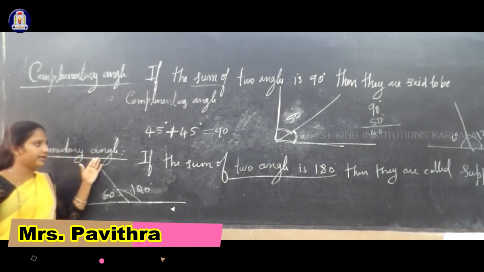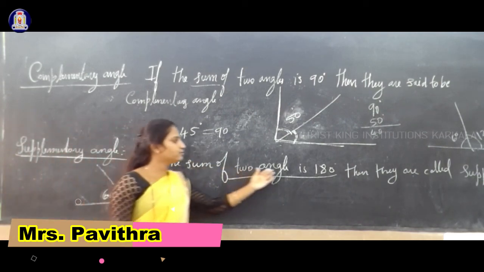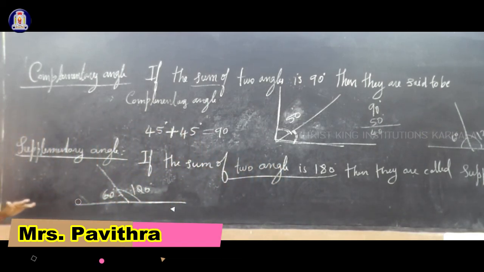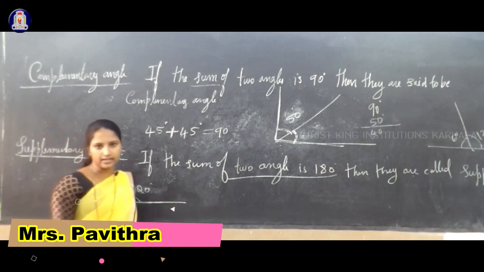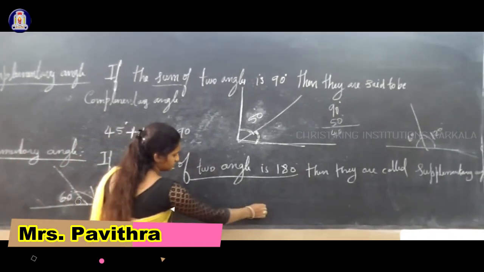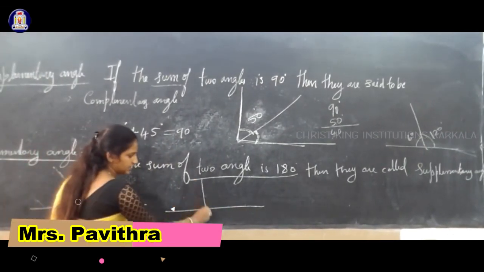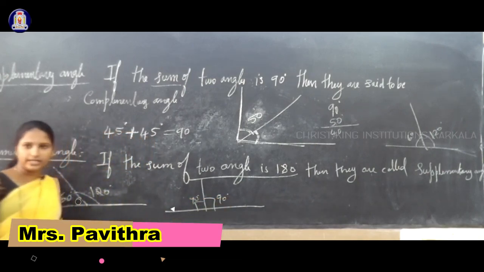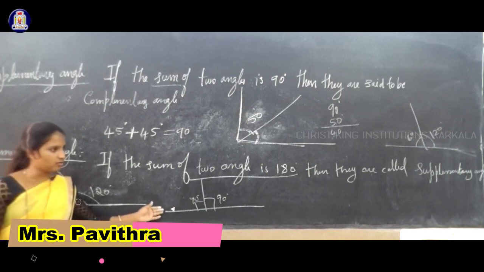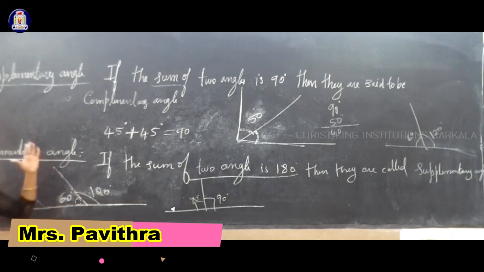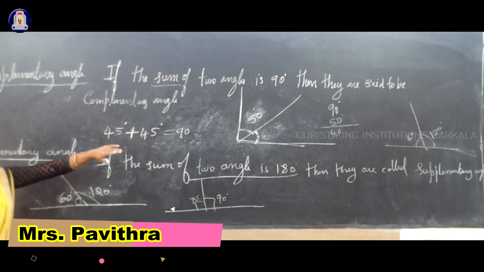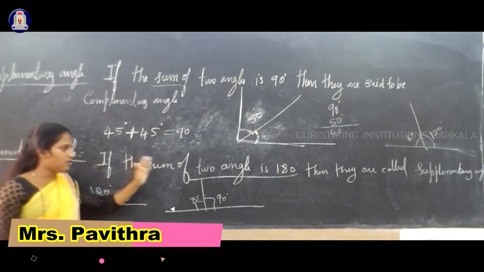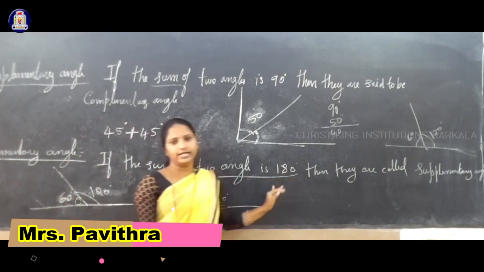This is a supplementary angle. So what is a supplementary angle? If the sum of two angles is 180 degree, then they are called supplementary angles. Clear? If I consider this straight line, 90 degree plus 90 degree is also 180 degree, right? So these are also supplementary angles. Complementary means the sum of two angles is 90 degree, and supplementary means the sum of two angles is 180 degree.